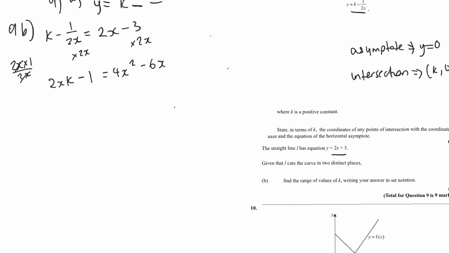Okay, so now that we've done that, we're going to bring everything to one side. So then that would leave us with 4x squared minus 6x minus 2xk plus 1 is equal to 0. And then we're going to collect the x's together. I'm just going to write this in a straight line.